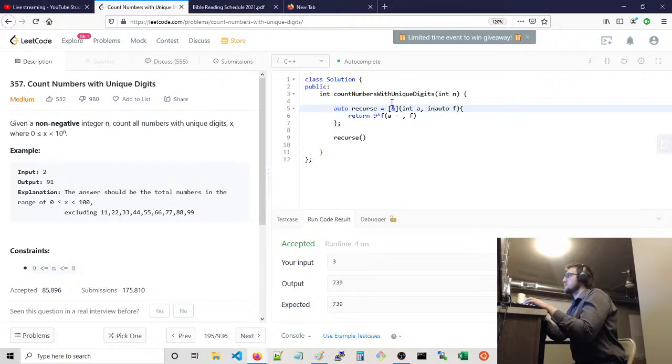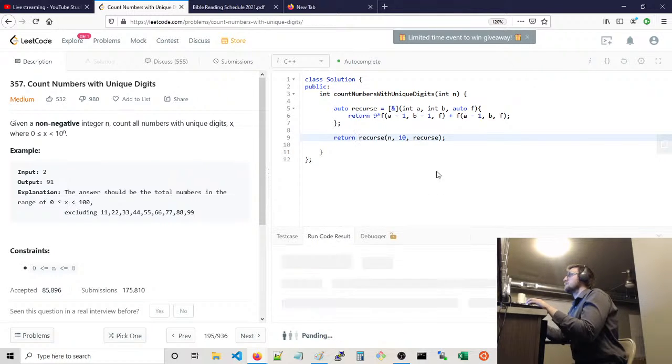Int a, int b, a minus 1 and b minus 1 9 times, plus f of a minus 1 and b stays the same. And then we're going to recurse on n number of numbers, 10 total to begin with, and recurse. And in fact, we can just return that. And let's see how this goes.